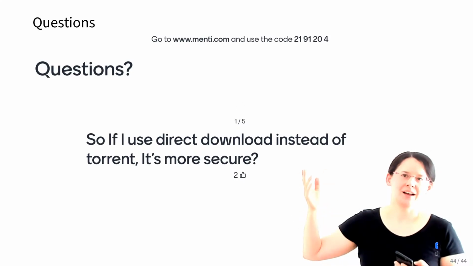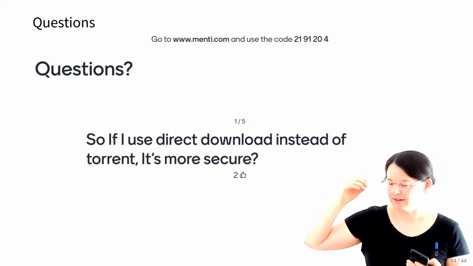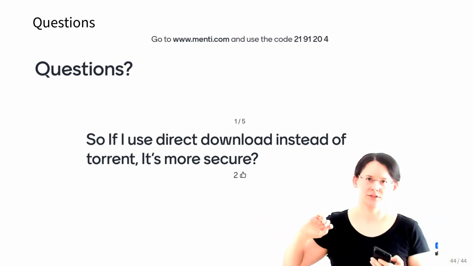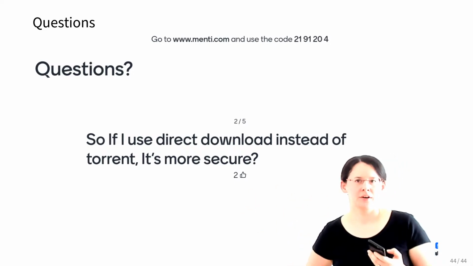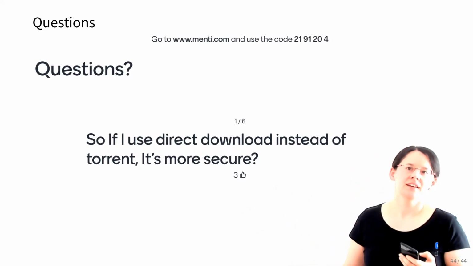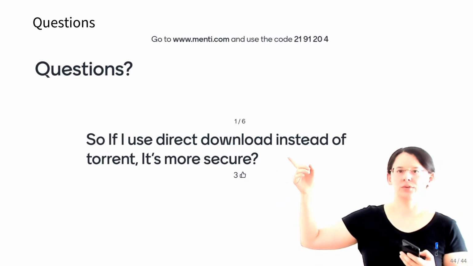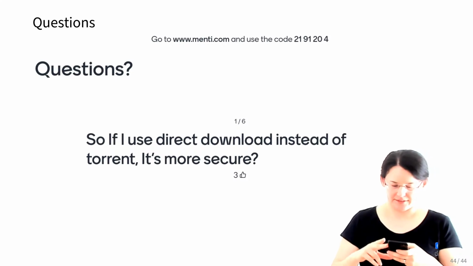However, in our example, the website was sort of considered the secure channel because it was already protected by TLS and so on. Whereas the torrent is something that anybody could have posted there. So in that sense, the torrent is by default less secure, but if you make sure to check your checksum at the end, then it's equally good.